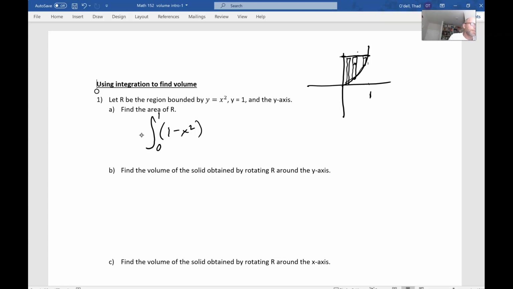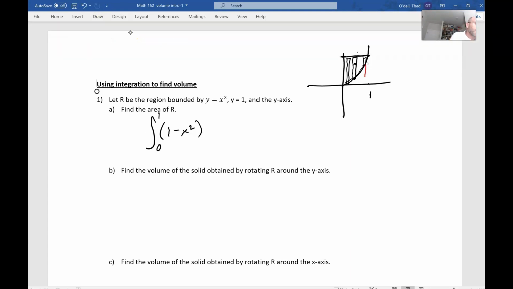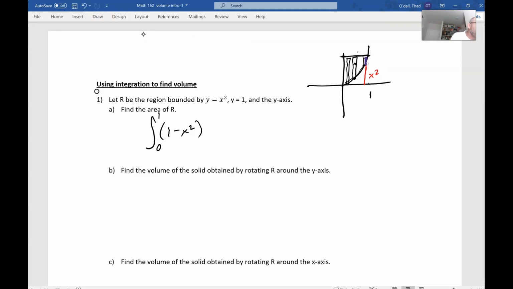I'm subtracting because notice if we grab a different color here, like red, you can see that distance right there is the x squared, and in a different color, that distance right there would be the thing I'm looking for.